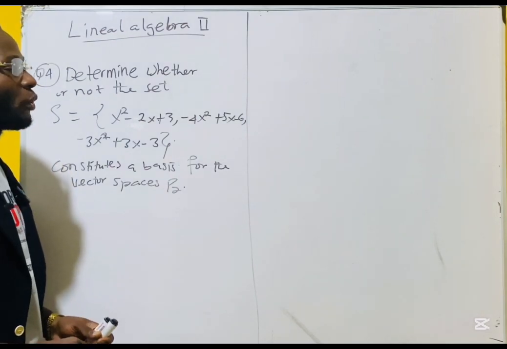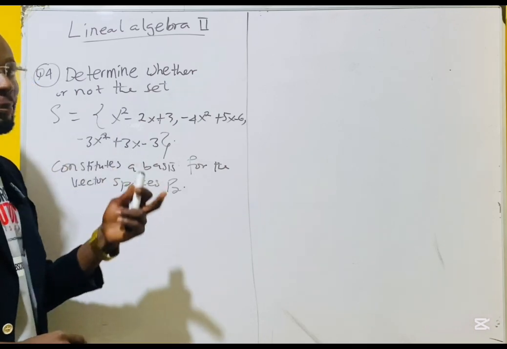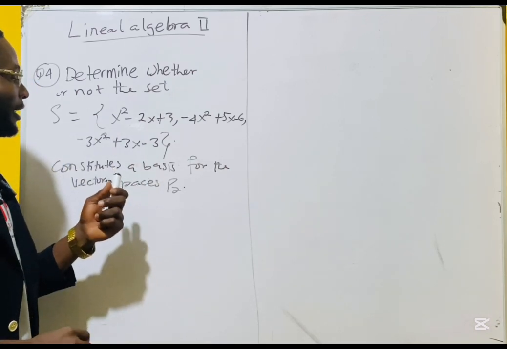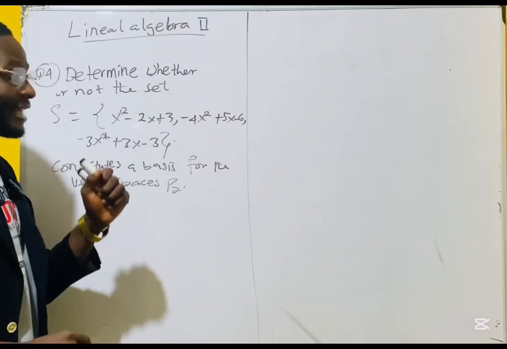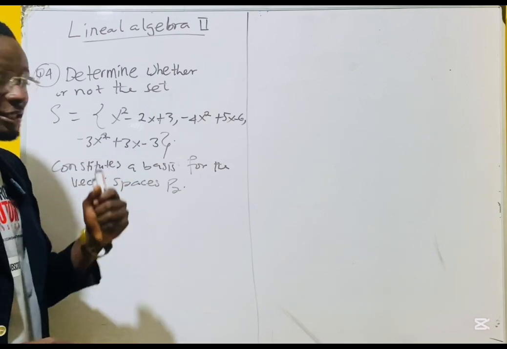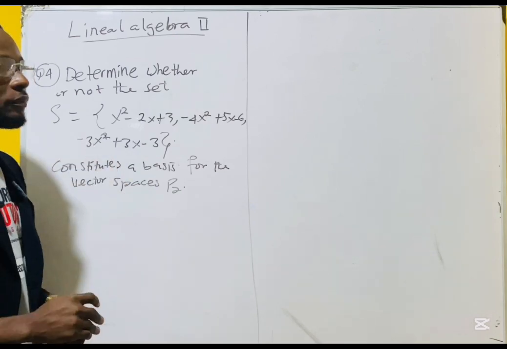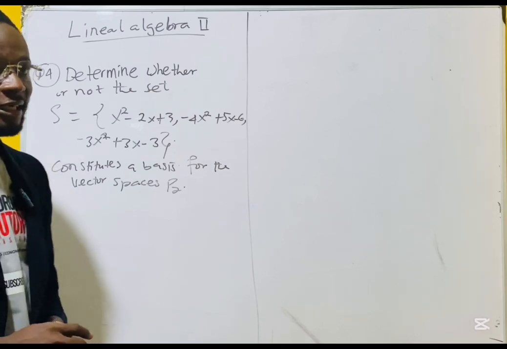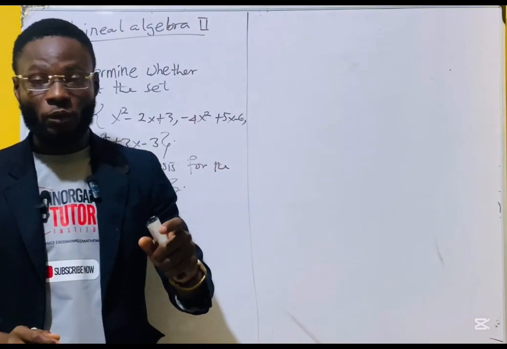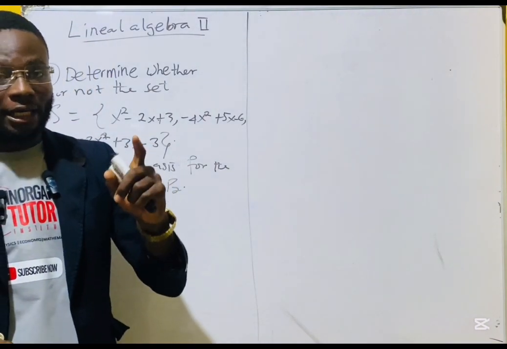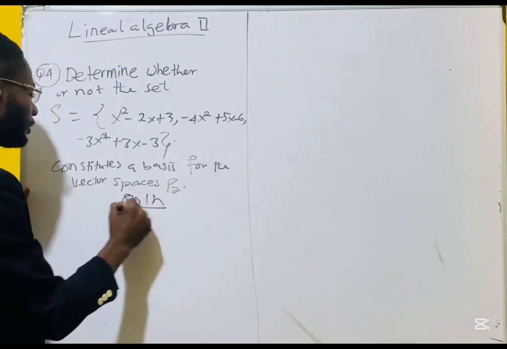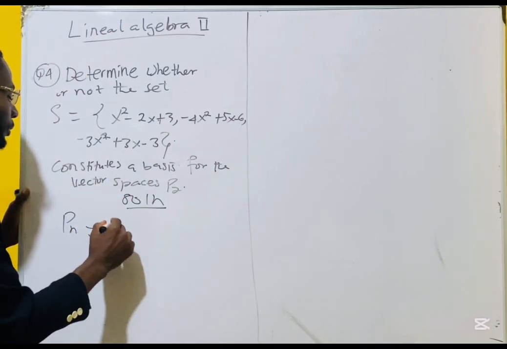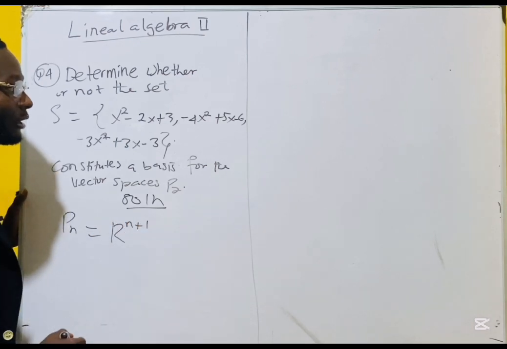Okay, so once you have a particular set of which we are asked to check whether it constitutes a basis for a vector space, say P2, what you have to note first is that Pn is equal to R n plus 1, right?